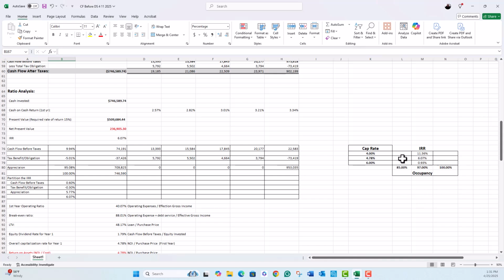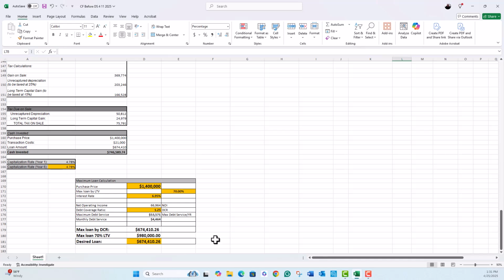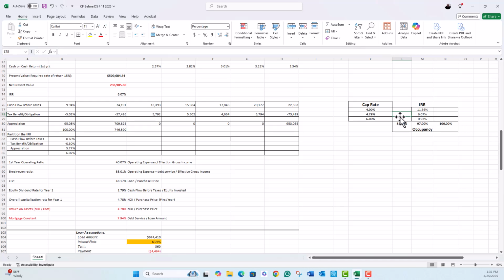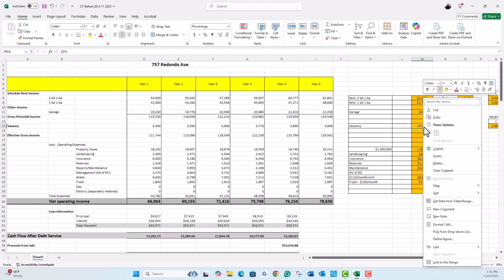Let's look at what will be the internal rate of return if the cap rate at the end of year 5 remains at 4.78%. So let me go over there and make sure that's 4.78%. Go back up. And then the occupancy, we want to look at an 85%. So I'll go up here. So 85% means a 15% vacancy. I'm going to copy that.